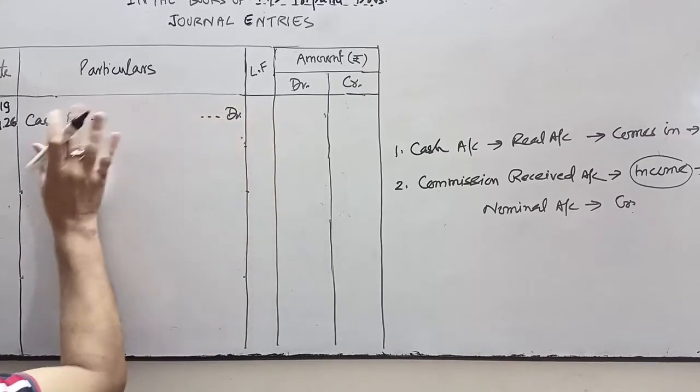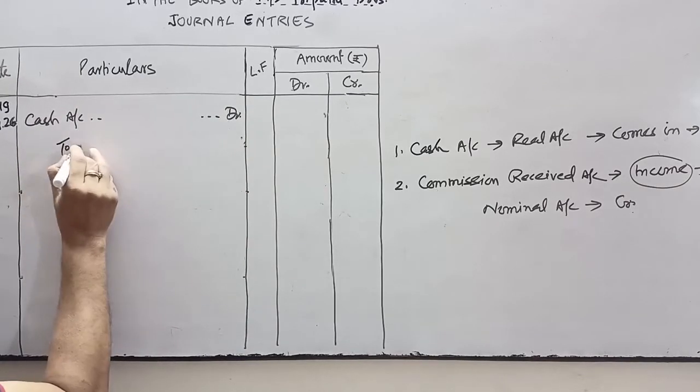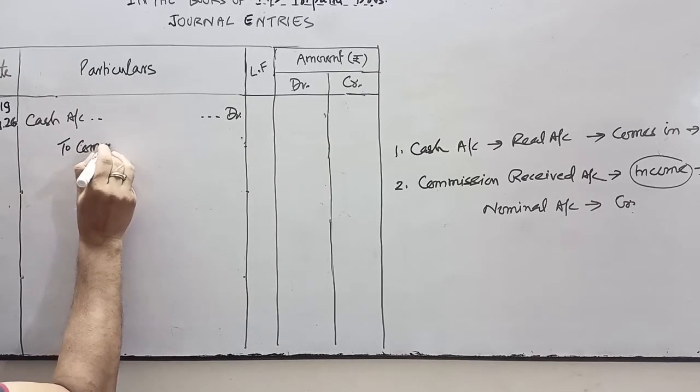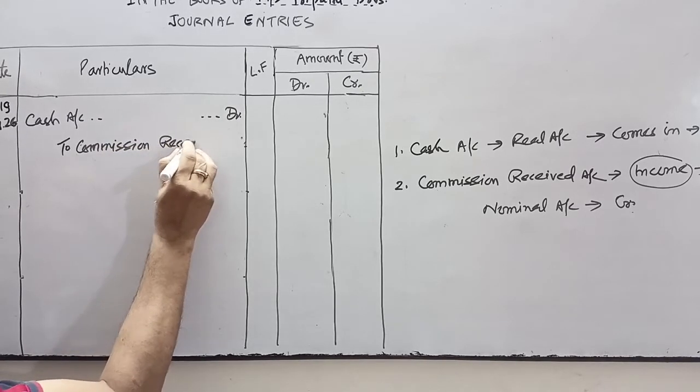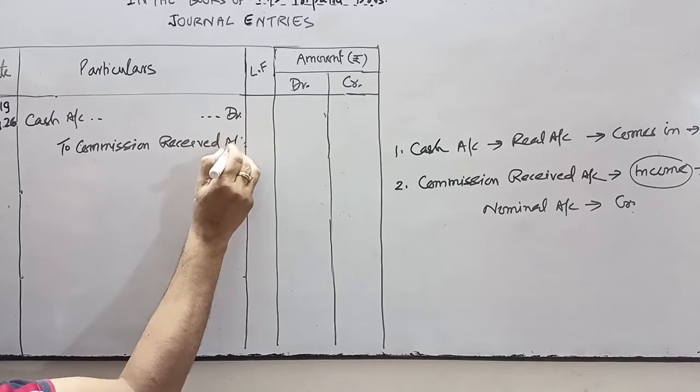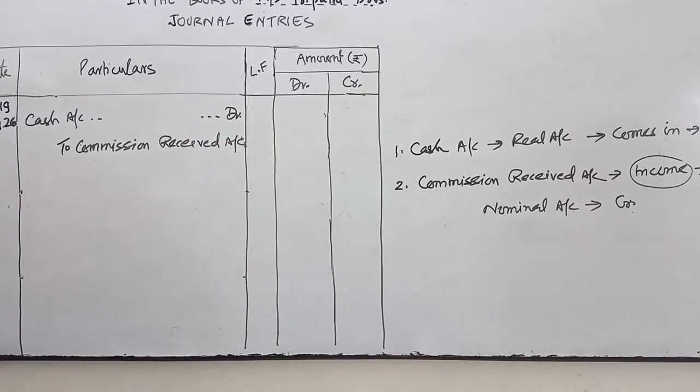Write it clearly, to commission received account, okay, commission received account. So how much is the amount? Amount is 750.